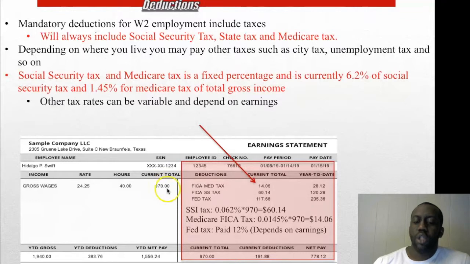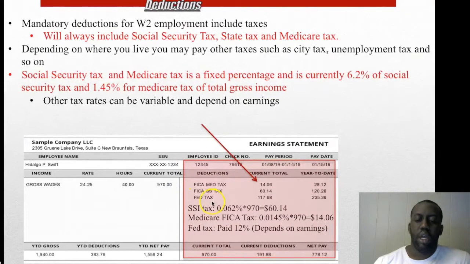For the Social Security tax, the percentage right now is set at 6.2% of your total gross earnings. So this person made $970, and then 6.2% of those earnings were taken out, and the person paid $60.14 in Social Security tax deductions.